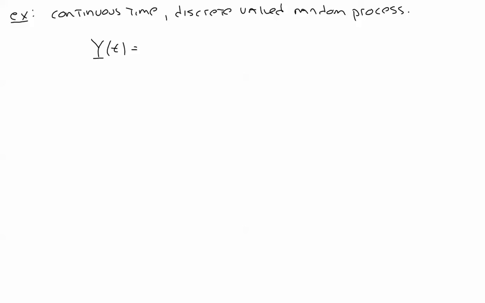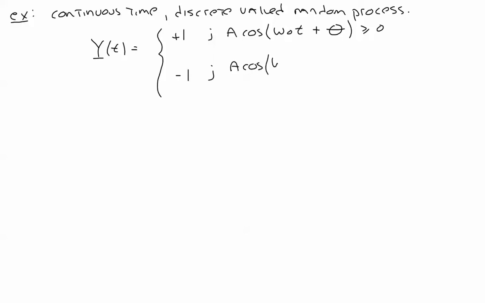Y of t equals, say, +1 or -1 if a cosine omega naught t plus capital theta is greater than or equal to 0, and -1 if a cosine omega naught t plus capital theta is less than 0. So in effect, this is a hard limited version of the random process in the previous example.